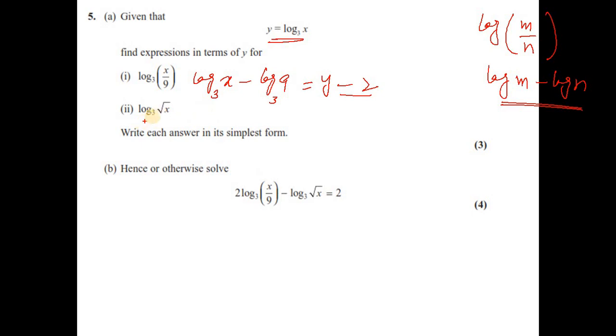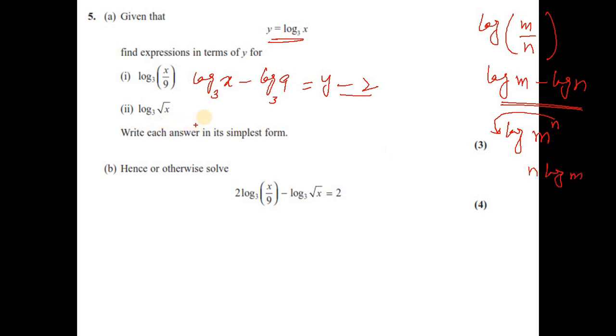Similarly, you need to see log base 3 of root x. You have another law of log, which is if you have a log of any base and you have some number m, and for this number you have some exponent. Remember, this exponent is only on the number, not on the log. That means this exponent or power can come down as a coefficient of log, so you can write log of m to the power n as n log of m.